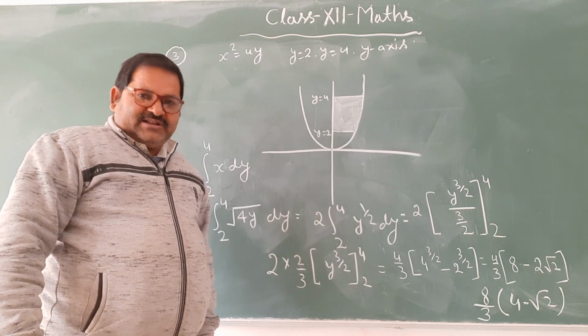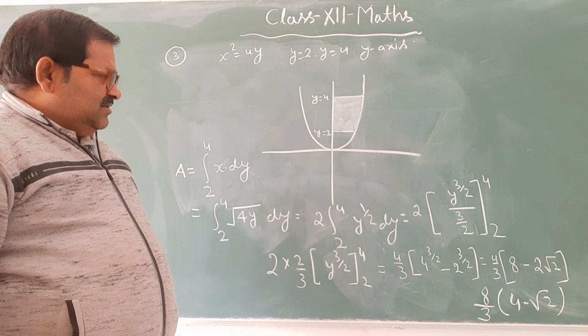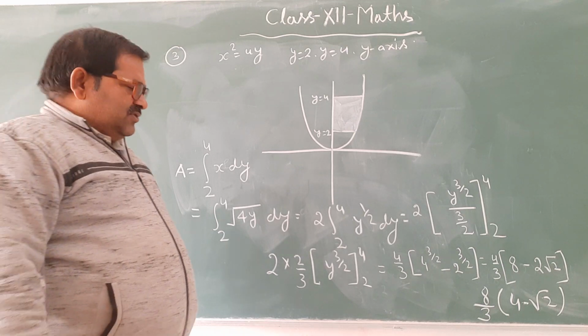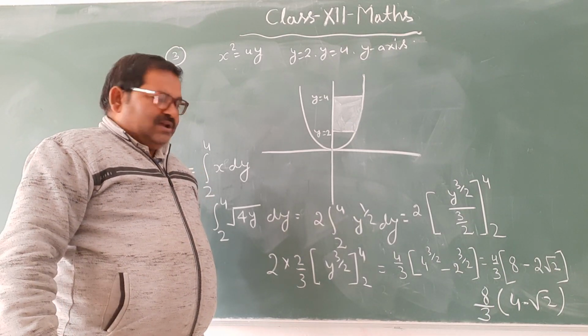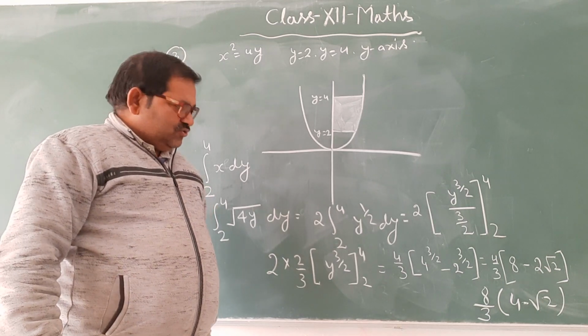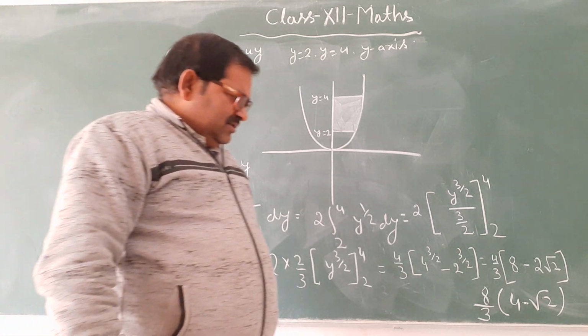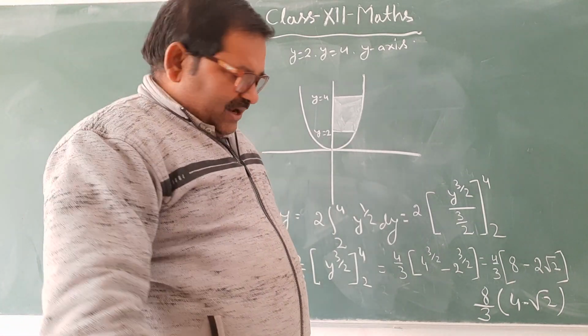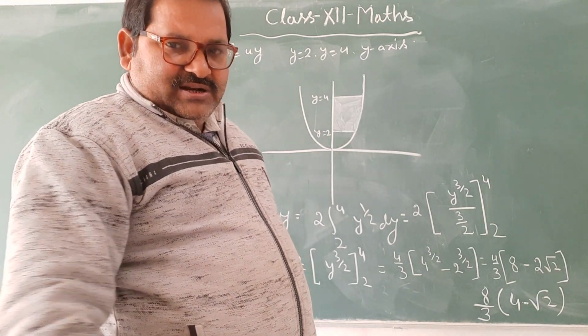This is the area of the bounded region y is equal to 2 and y is equal to 4 and y axis between the curve. So this is the area of the region, 8 by 3 into bracket 4 minus under root 2. Clear? Thank you.